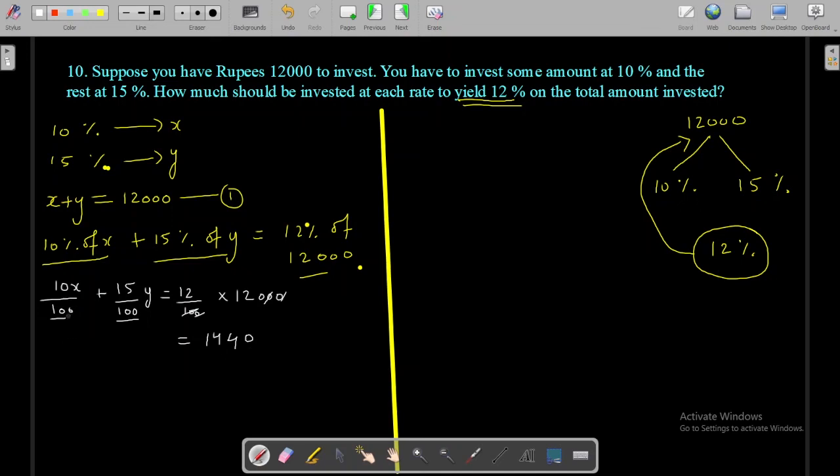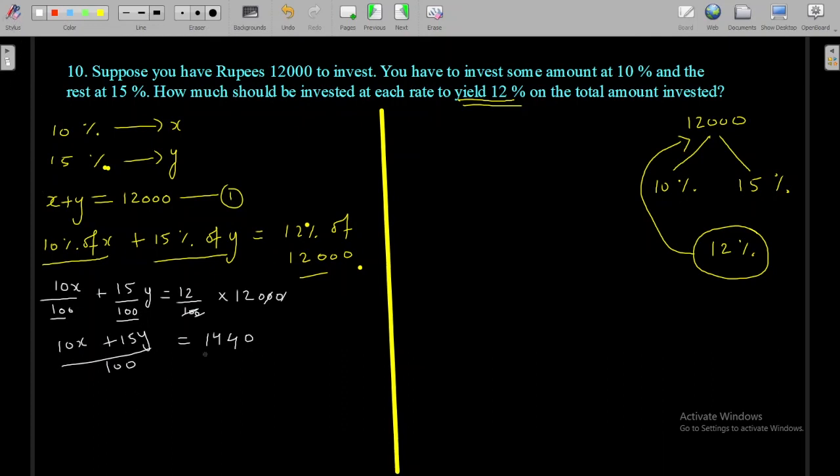So here both the denominators are same, so I'll get 10x plus 15y by 100. So if this 100 goes this side, then I'll get 10x plus 15y is equal to 1440 into 100.